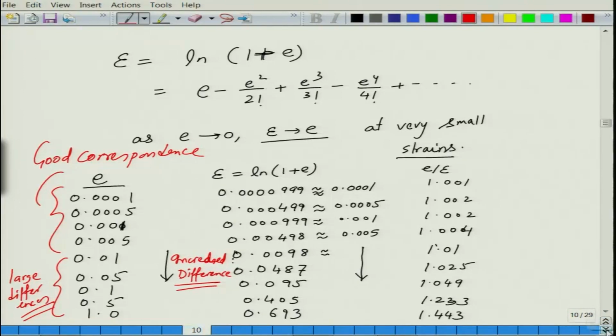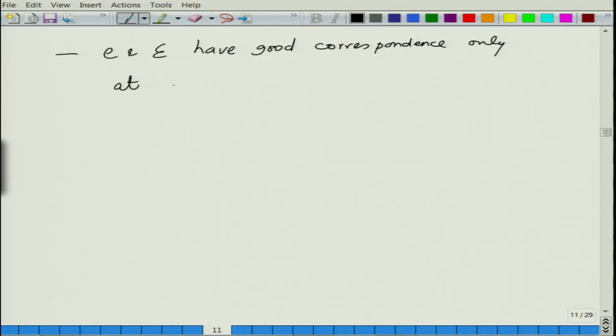So, this is one major difference, that e and epsilon have good correspondence only at very small strains. That is why true strain is a much better measure of strain than the engineering strain.